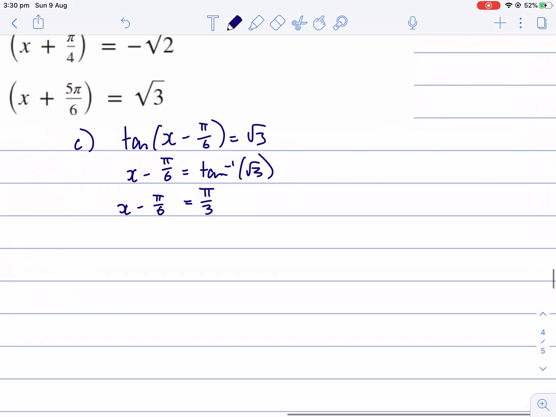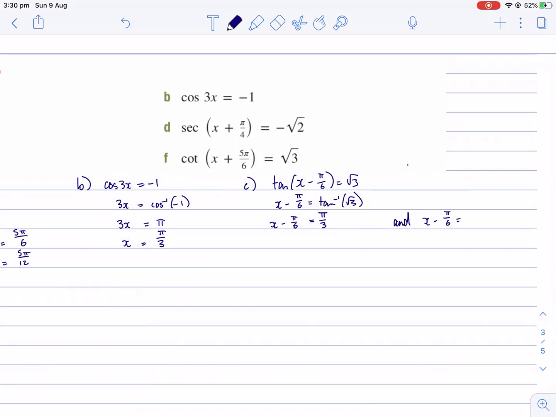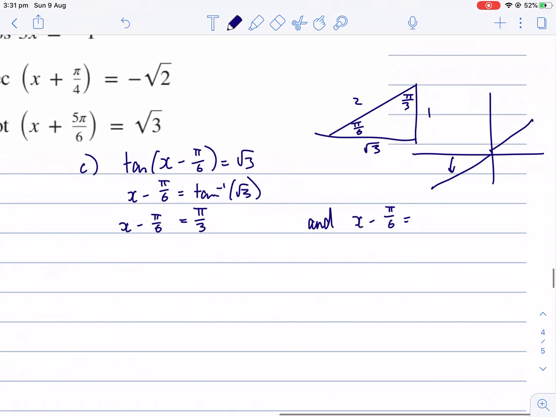So 60 degrees. So remember, pi on 3, pi on 6, 1, 2, √3. So that's pi on 3. The other value where we're going to get positive pi on 3 is down here. So pi plus pi on 3 is 4 pi on 3.